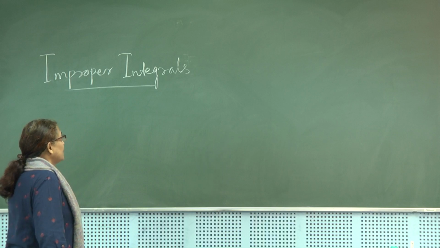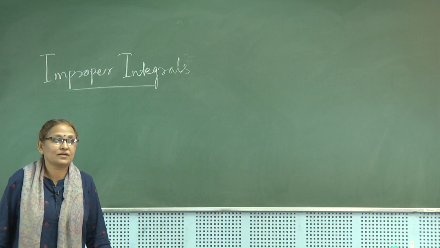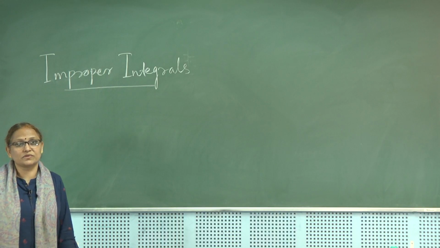So, basically there are two kinds of improper integrals, one is type 1 improper integral and the other one is type 2 improper integral.